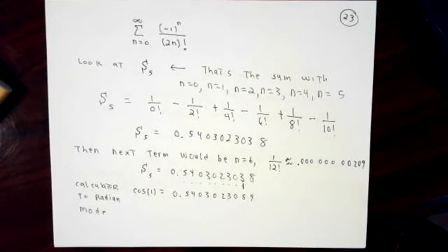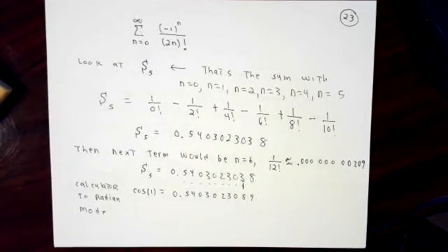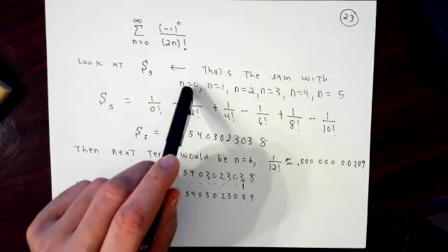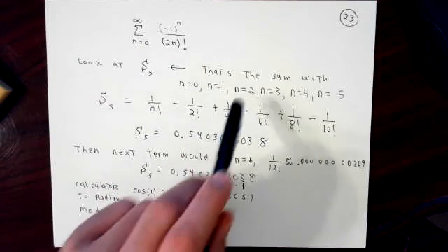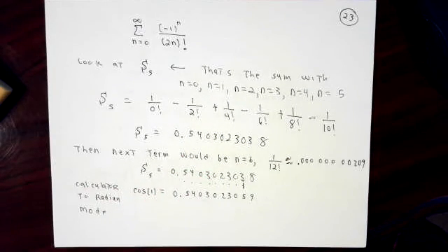So my initial term is going to be 1. I want to look at S number 5, and I want to be very clear on what I'm talking about here. In this index sum, I want n equal to 0, 1, 2, 3, 4, and 5 to show up as values for the n.